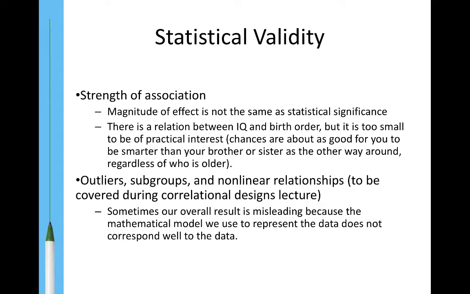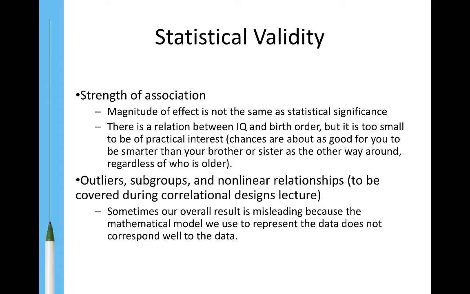disappointing. Okay, so it turns out there's a relation between IQ, which is intelligence or cognitive ability, and birth order, but it's too small to be of practical interest. The studies that have shown this have been like population studies in Sweden or Norway or someplace like that. They get just about all the population and test them all and look at the birth order, and sure enough, there's a statistically reliable difference, but it's really small.